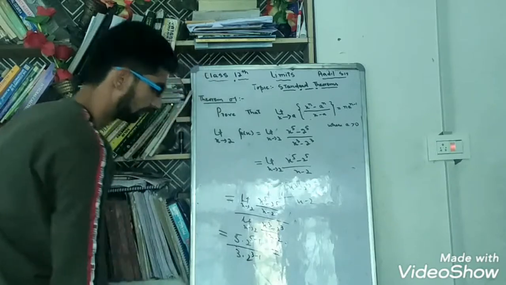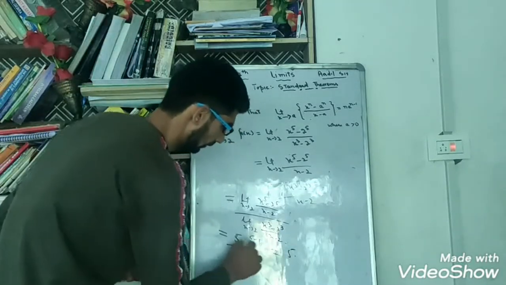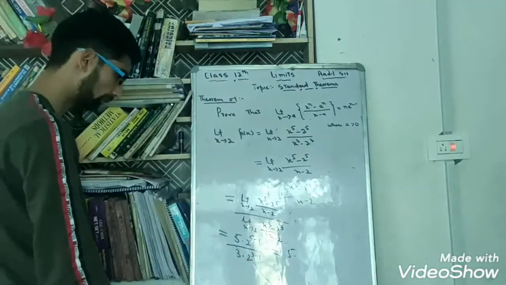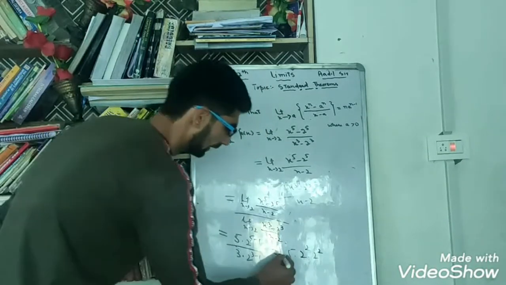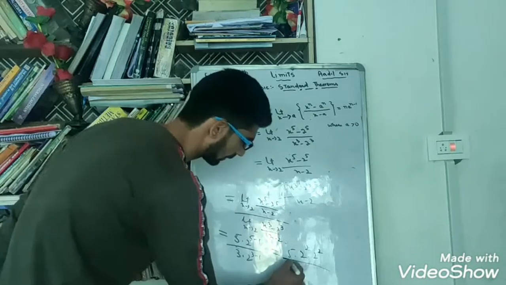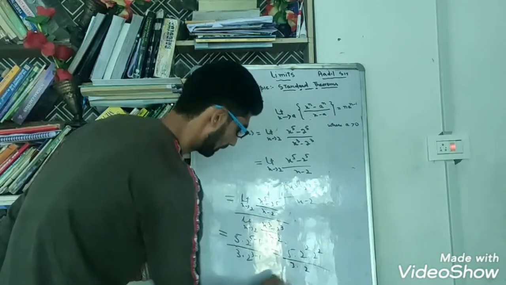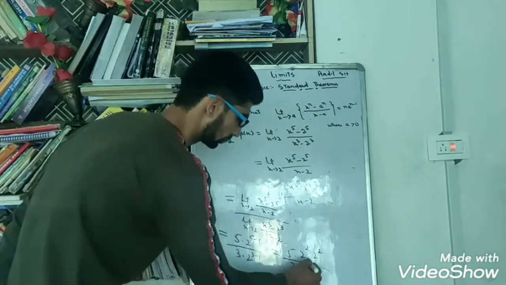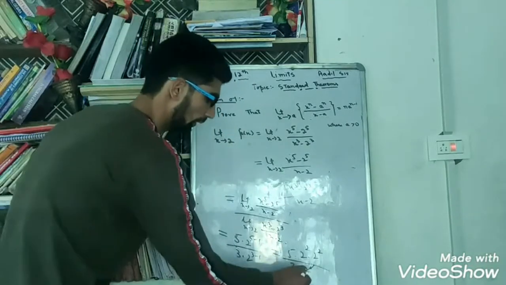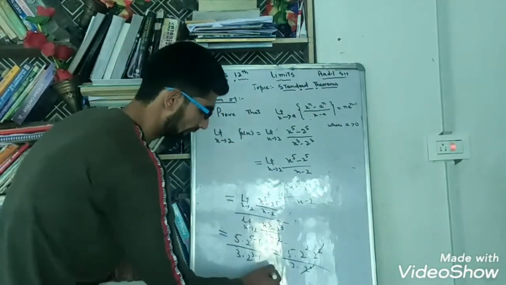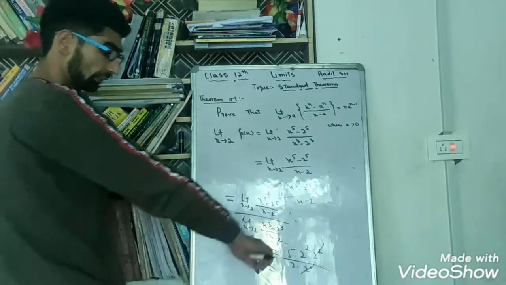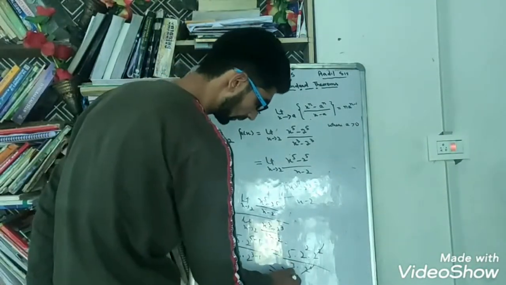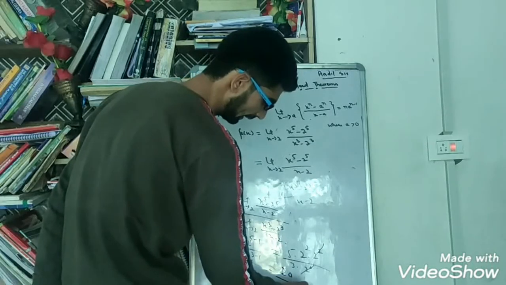It will be further equal to beta 5, 2 power 5 minus 1, that is 2 power 4, and we can write beta 2 power 2 into 2 power 2, that is 4, and here in denominator we have 3 into 2 power 3 minus 1, that is 2 power 2. And this 2 power 2 and 2 power 2 will get cancelled. We will get beta 5 into 2 power 2, that is 4, and 5 into 4, that is 20 divided by 3. This is our answer.